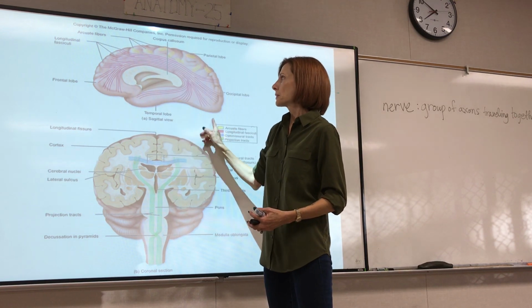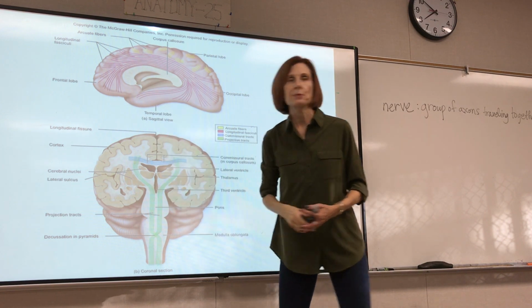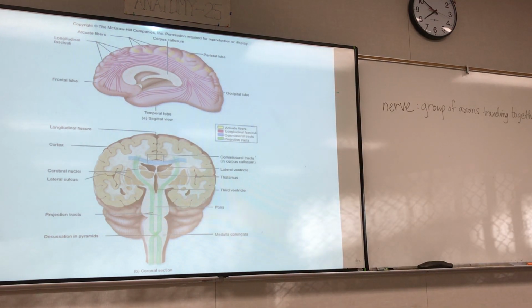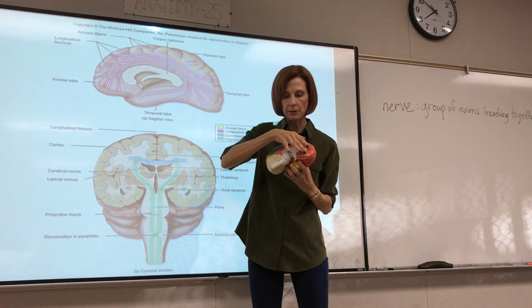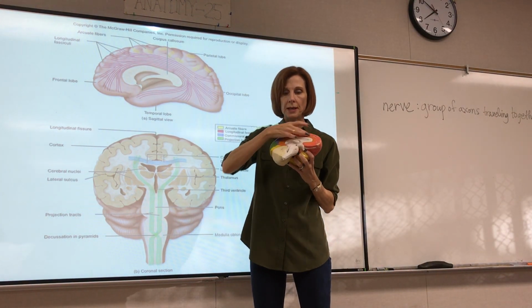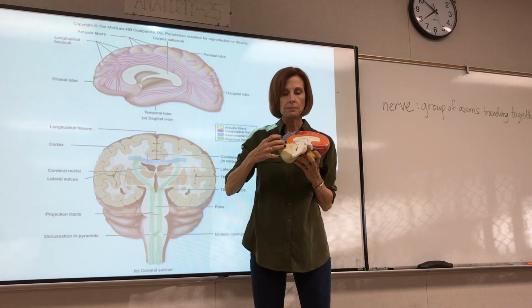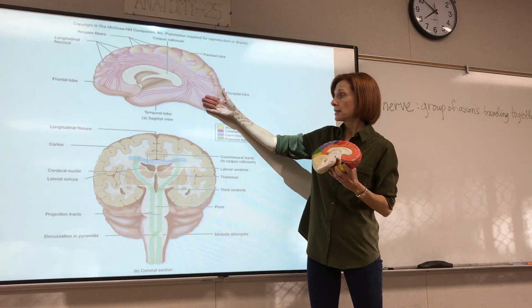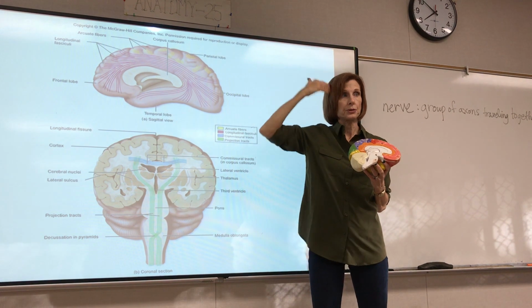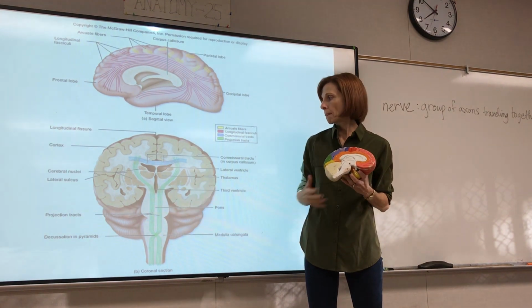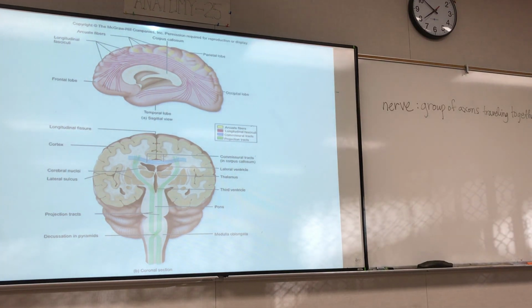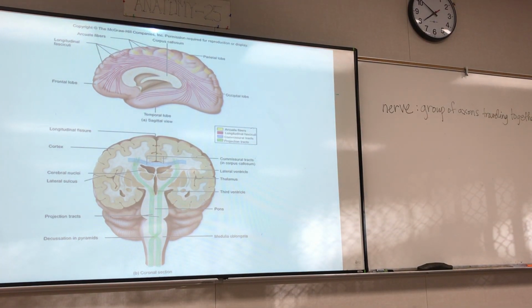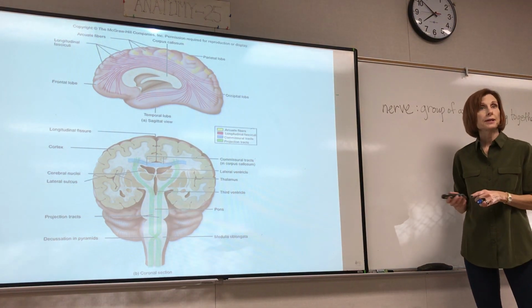This isn't showing the cerebellum or the brainstem, so it looks a little different than you see here, just because it's really just showing the cerebrum. It's just showing that part of the brain. But this is a mid-sagittal cut, and this is a frontal or coronal. You guys have any other questions on any of that?